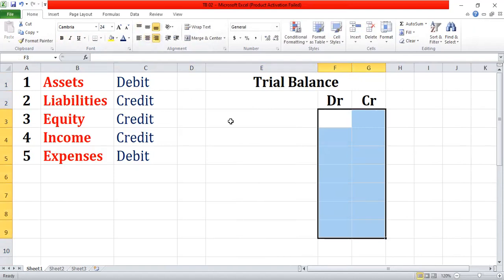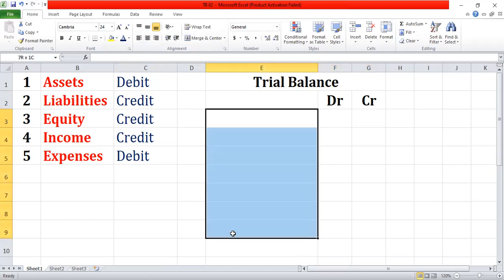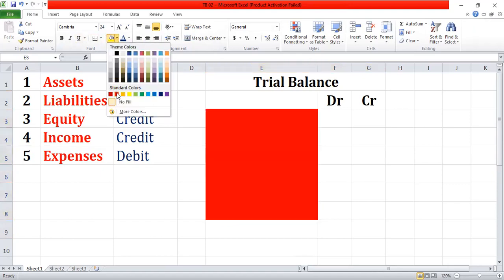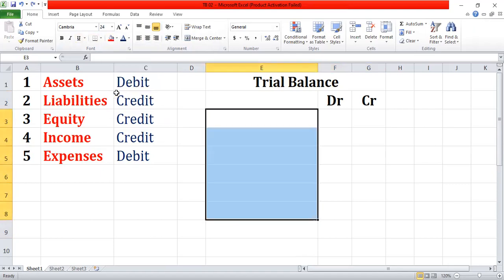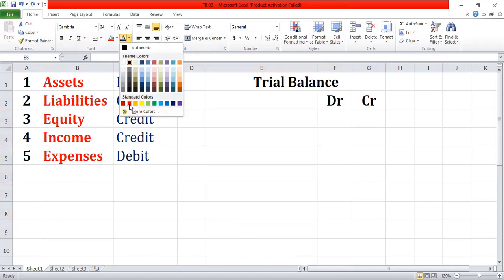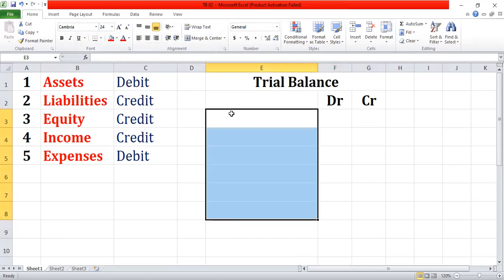Accordingly, the balances of ledger accounts are recorded in the debit column or credit column.